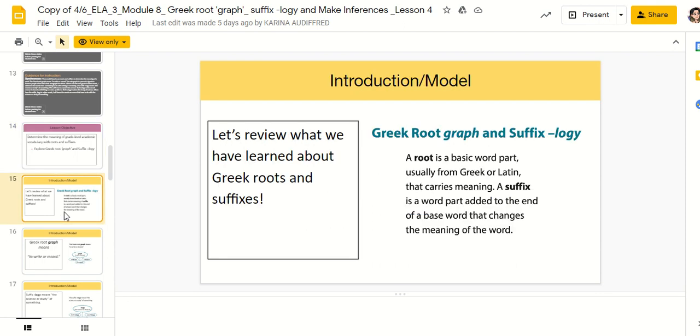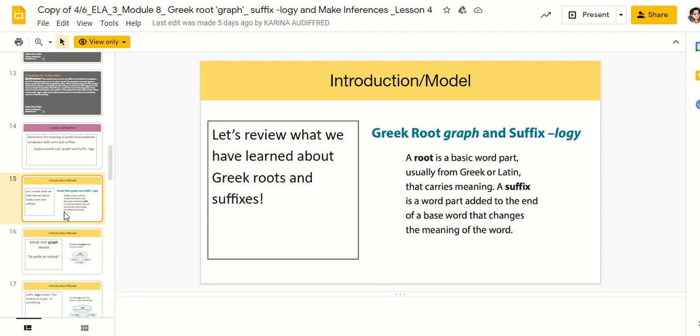So first, let's review what we have learned about Greek roots and suffixes. A root is a basic word part, usually from Greek or Latin, that carries meaning. For example, in the word happiness, we can pull out the word happy, so we can understand what the word happiness means.